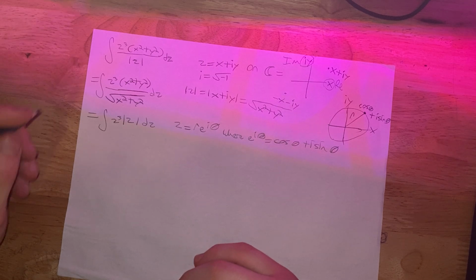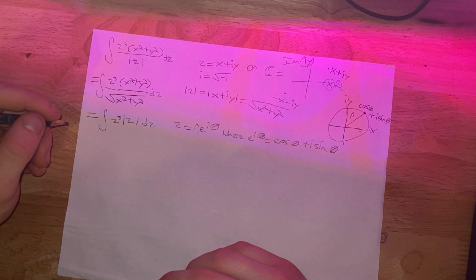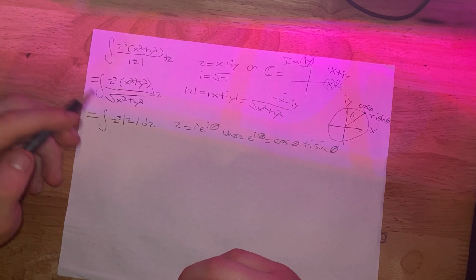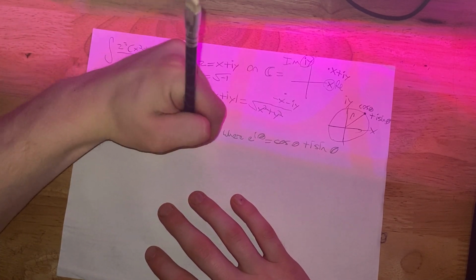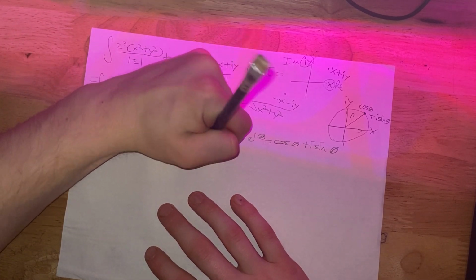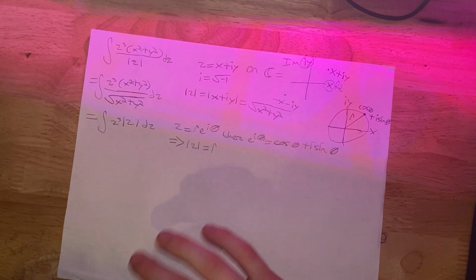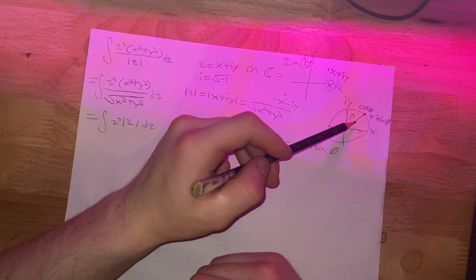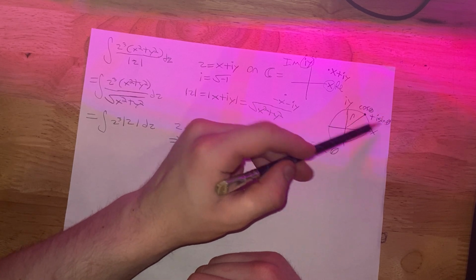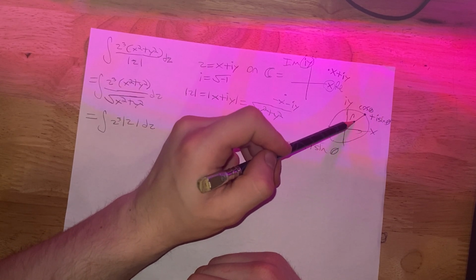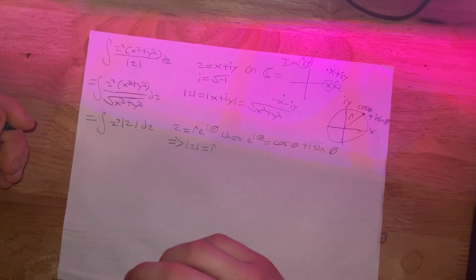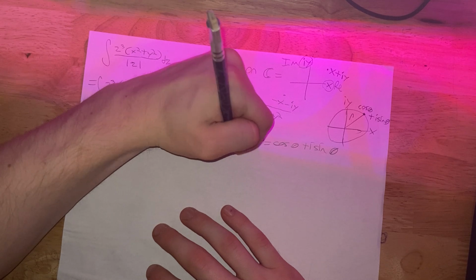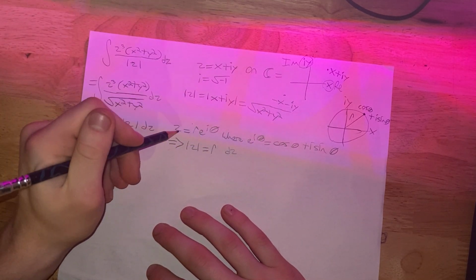So this might also make you realize that the absolute value of z is therefore simply equal to the radius, because it is the distance of this complex number here from the origin. So all we have to do is just differentiate z now.